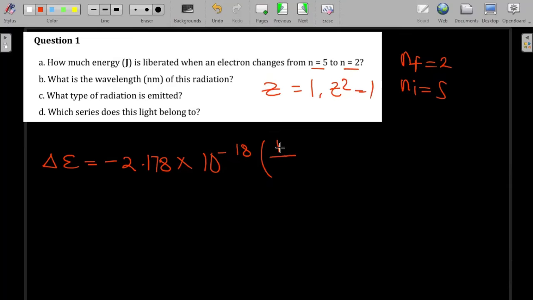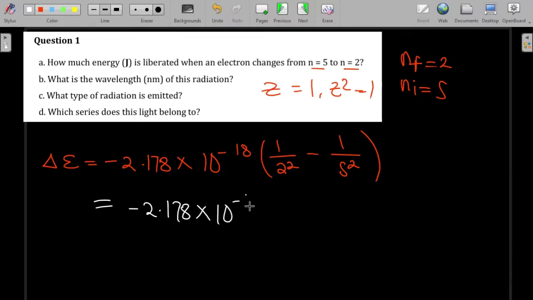So it will be 1 over the n final squared, so 2 squared, minus 1 over the n initial, which is 5 squared. So what do we get here? We get minus 2.178 times 10 to the power minus 18, and then in the brackets we have 1 over 4 minus 1 over 25.